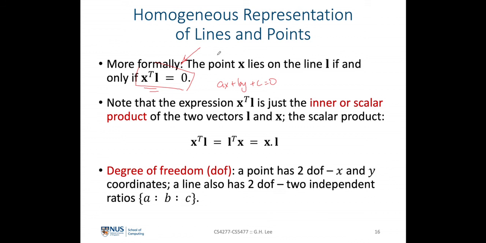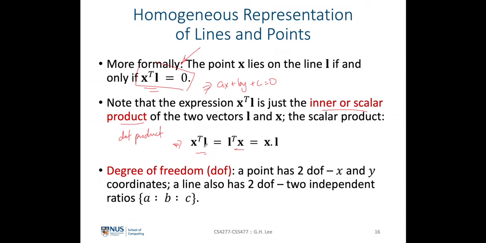And note that the expression of X transpose L is just the inner or scalar product, or simply called the dot product, as I've mentioned several times. And the dot product is equivalent regardless of how we sort the order of X and L over here, because we can simply see that you will still evaluate into this form over here.